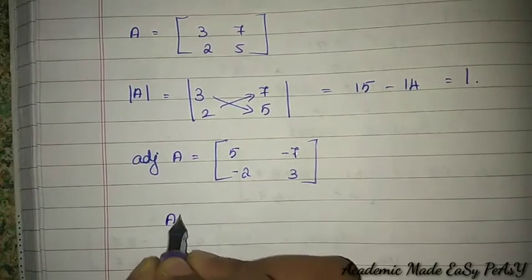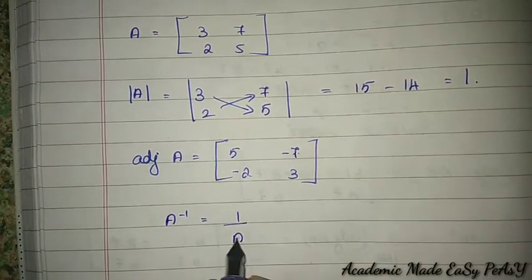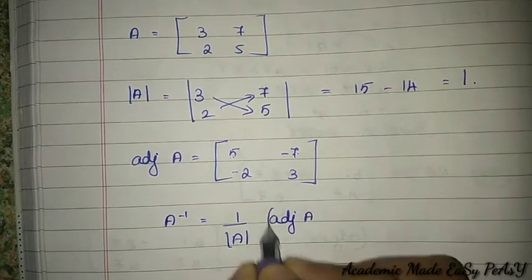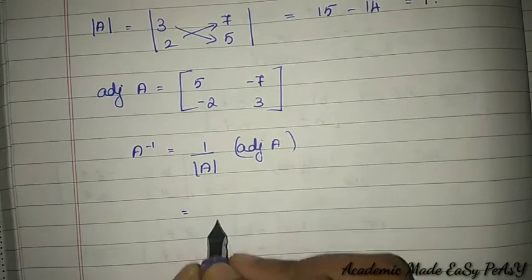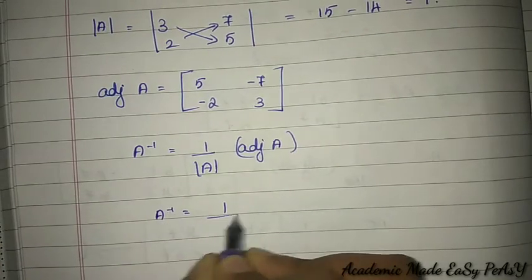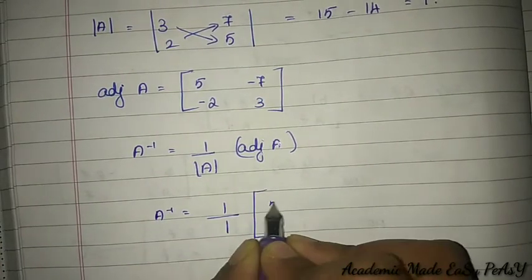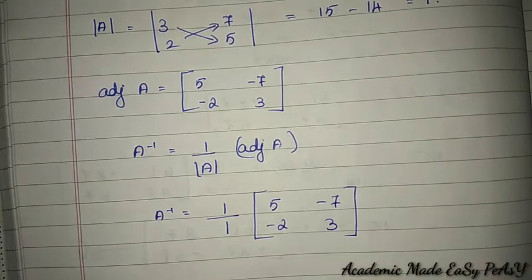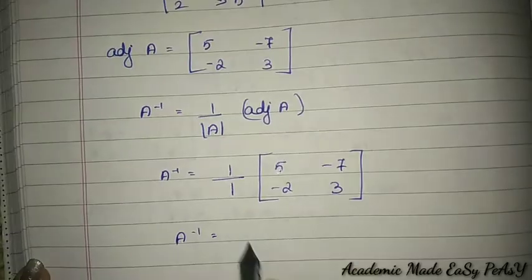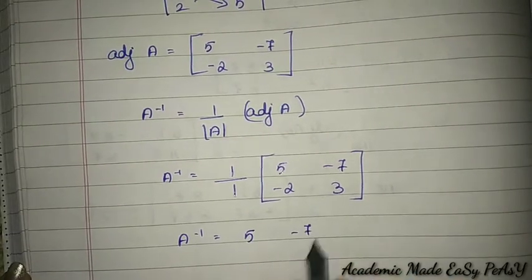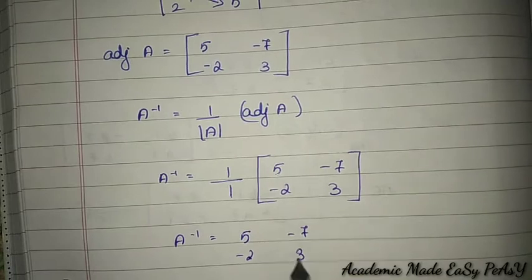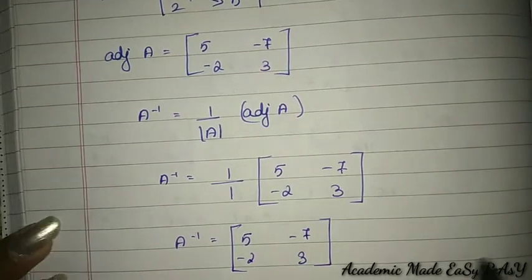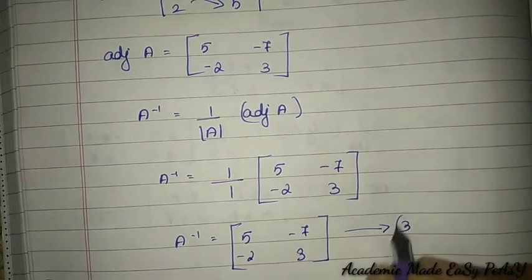So now A inverse is equal to 1 by determinant A into adjoint of A. My determinant is 1. So adjoint is 5, minus 7, minus 2, 3. So A inverse is equal to 5, minus 7, minus 2, 3. Let this be equation 3.